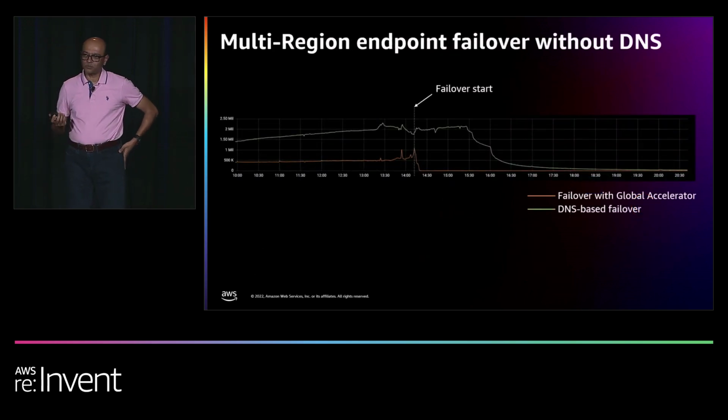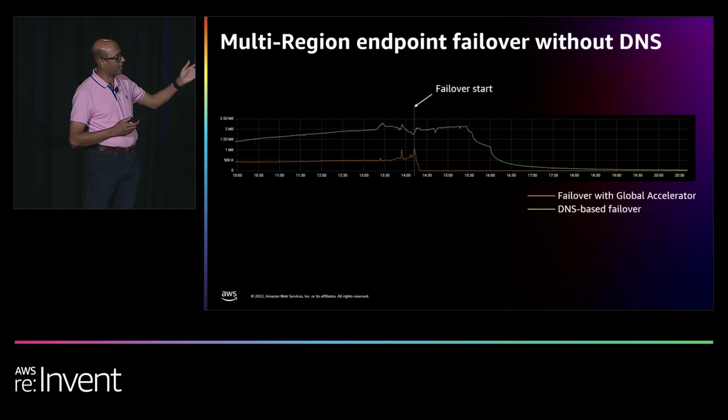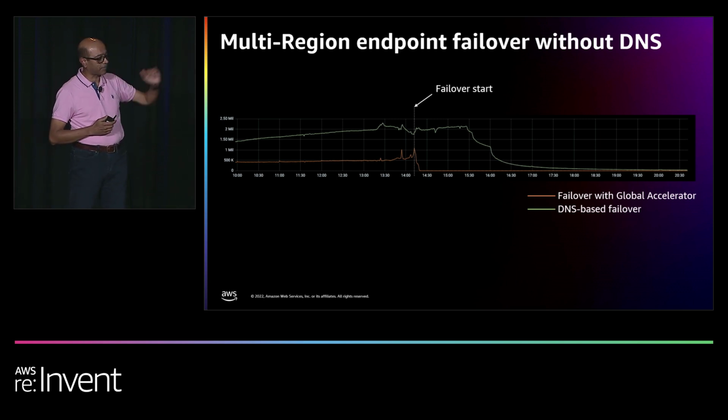So when it comes to multi-region failover, you might be asking yourself, well, why not use DNS to accomplish the same thing? And that's a fair question. So let's look at the results of an example that one of our customers observed. This customer is directing some traffic to Global Accelerator, which you see represented by the orange line, and some traffic to a public ALB over the public internet that you see represented by the green line.